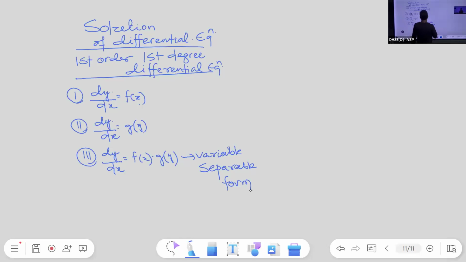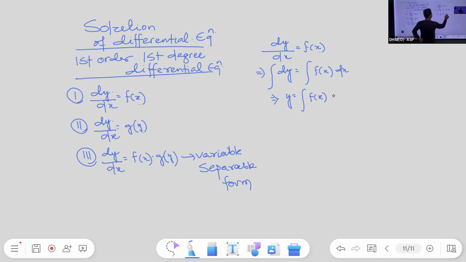If the differential equation is in the first form, dy upon dx is equal to f of x, then this implies integral dy equals integral f of x dx. Integral dy is y, so y equals integral f of x dx. This is the method if the differential equation is in the first form.